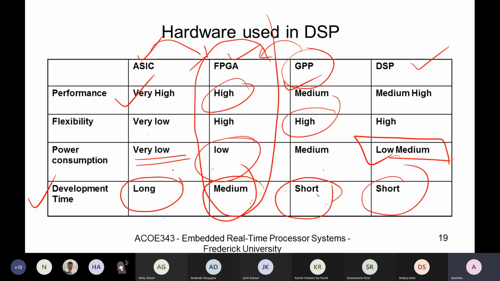So this is why we are choosing DSP, because for a particular application it works better. Whereas if you have to extend that application a bit, you will get some flexibility. For a few applications, whatever power consumption you can support is as per that, and the development time is also short. So DSP, as we mentioned, is an application specific processor, and it is suitable for those applications.